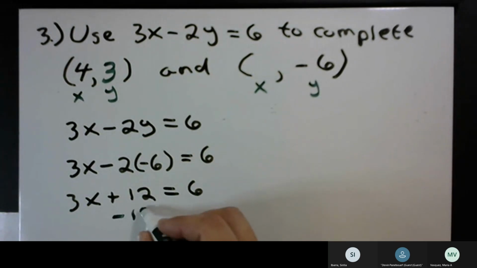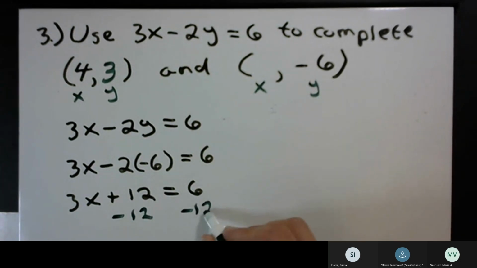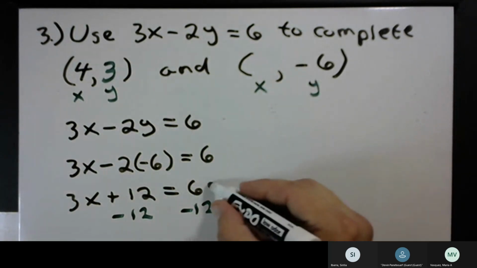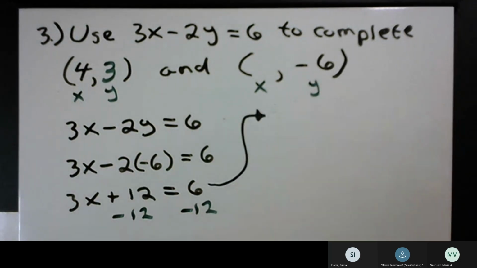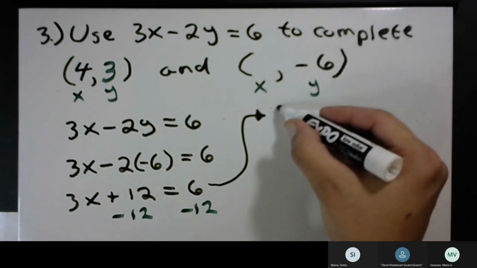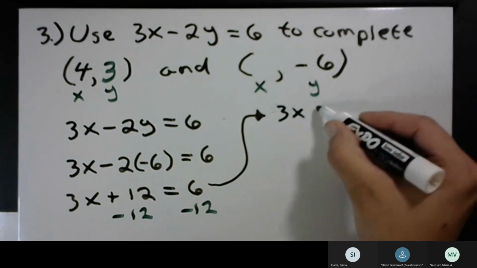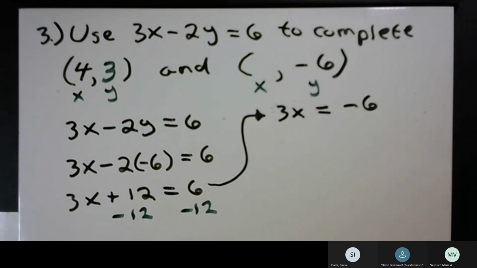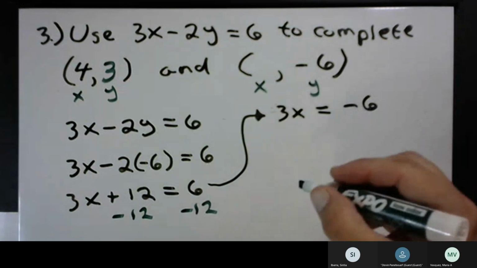And we subtract 12 from both sides. Continue on over here. We'll get 3x equals negative 6 again. Divide both sides by 3.